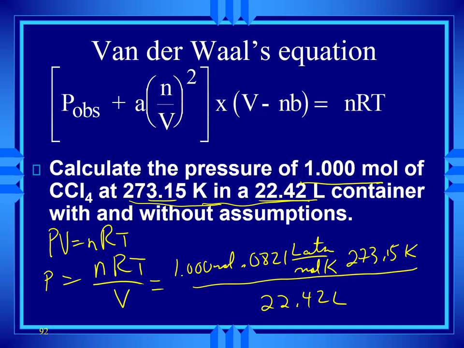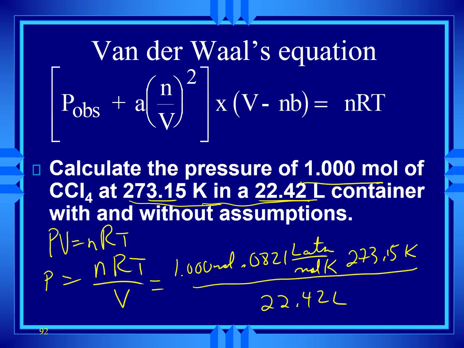So if you push those buttons, 0.0821 times 273.15 divided by 22.42 times 1, I'm going to do that.